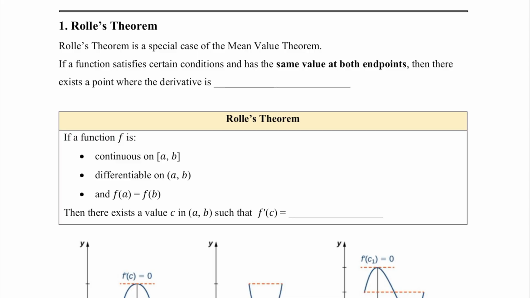If a function starts and ends at the same value, meaning the height at the left endpoint is the same as the height at the right endpoint, then somewhere in between, the graph must flatten out. In other words, there is at least one point where the slope is zero. So we can say there exists a point C where the derivative at that point is zero.